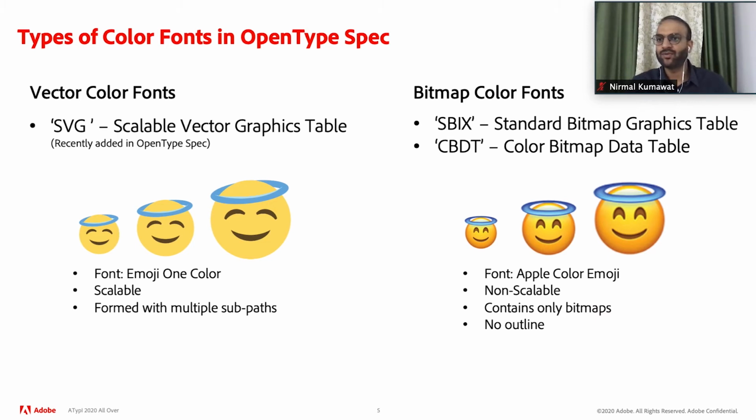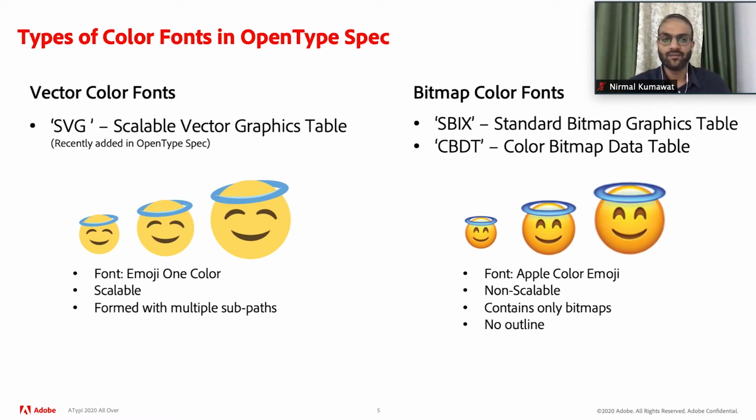So what are the types of color fonts that exist in the OpenType specification? As mentioned, color fonts can have both vector as well as bitmap color glyphs. Hence, the OpenType specification has different types of tables which provide color glyph information.